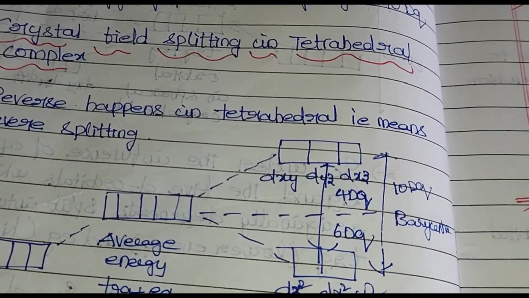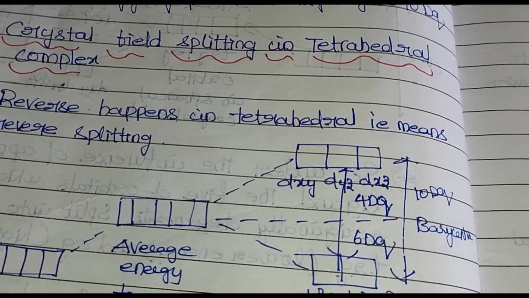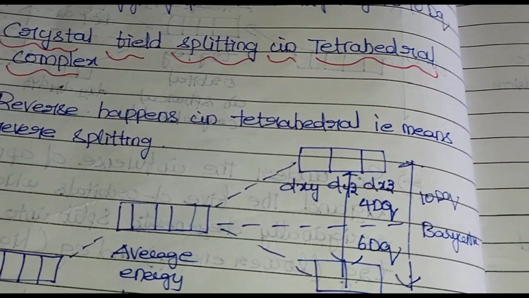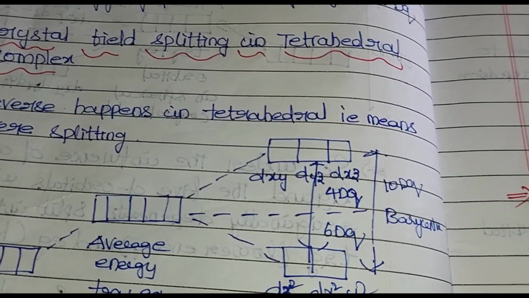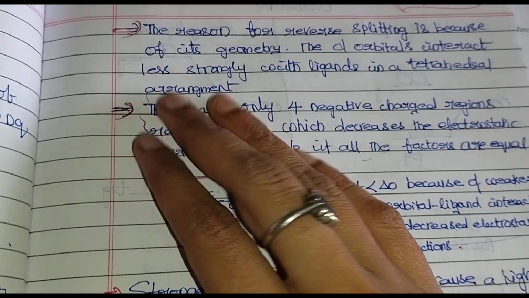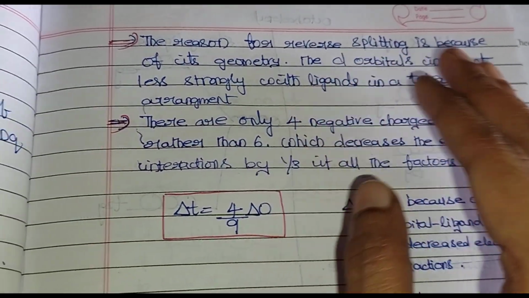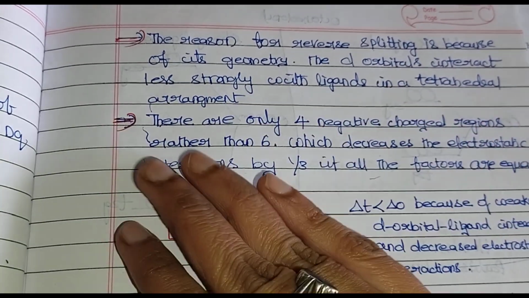What is the reason for this reverse splitting? It is because of the geometry. Octahedral complexes have a different geometry from tetrahedral complexes. The d orbitals interact less strongly with ligands in a tetrahedral arrangement.